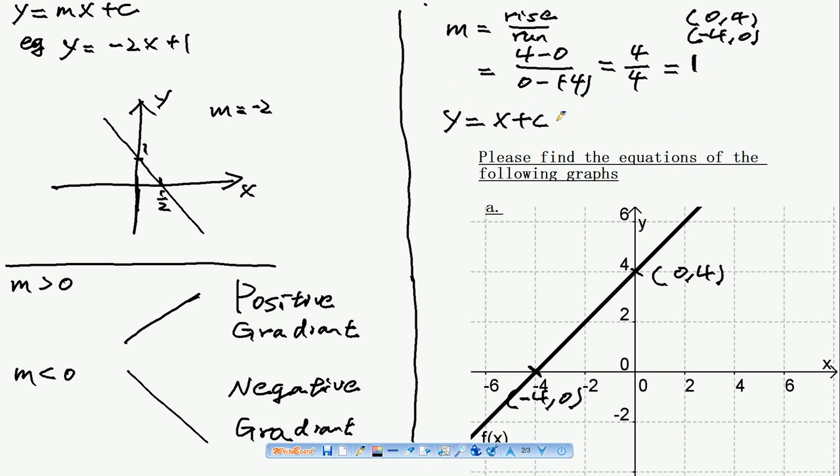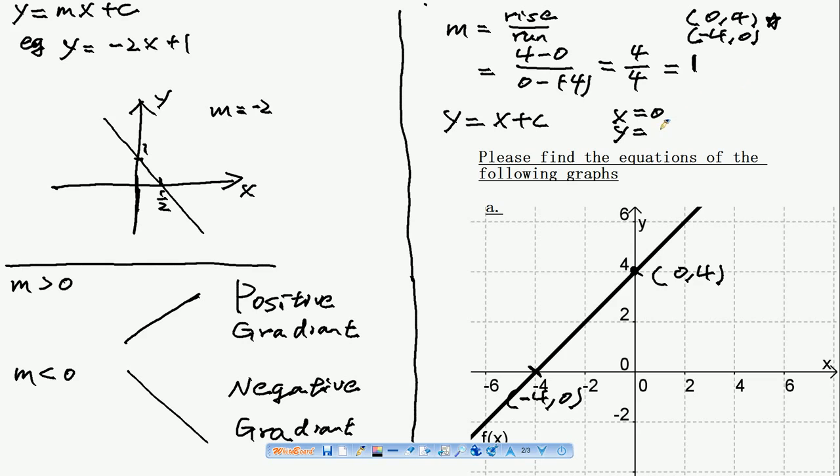We need to find the value of c to complete the equation. So let's use any point. These 2 points tell me, let's use this point to find c. When x is 0, y will be 4. This is what the y-intercept tells me.